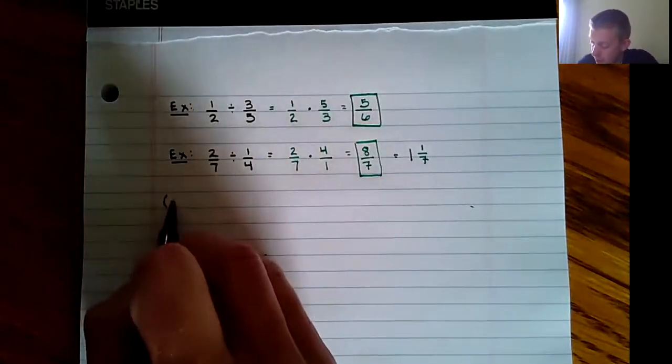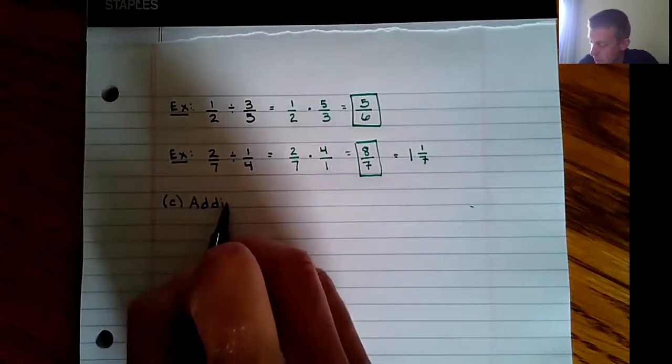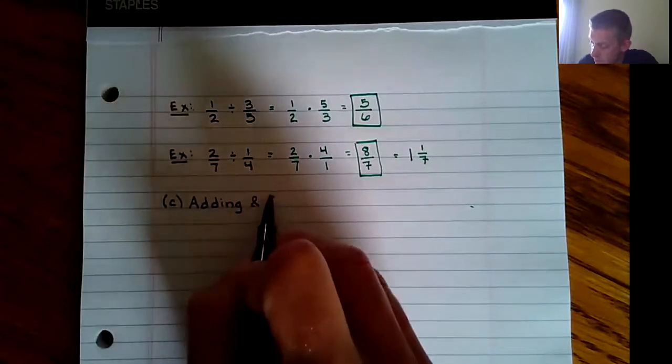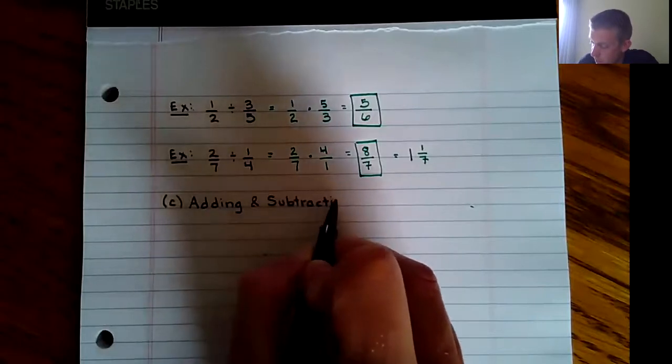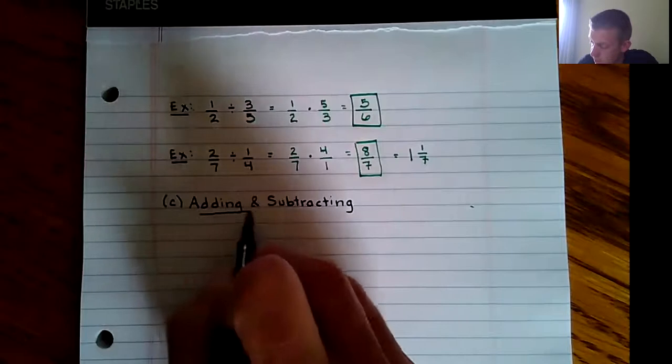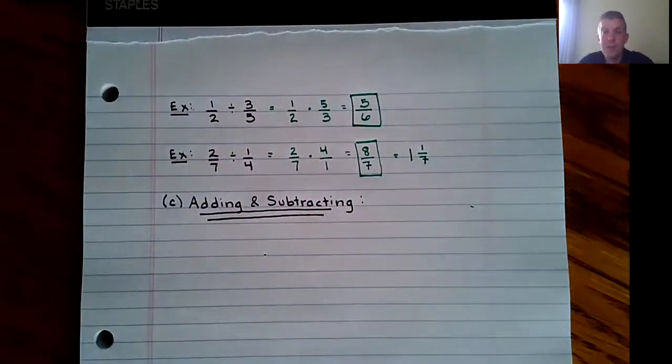So the last big step is adding and subtracting. And these are the ones that usually give people the most trouble because, for one reason, it's not like multiplication and division. There's an extra step you have to do. And anyone remember what that extra step is? What does adding and subtracting need that multiplying and dividing doesn't with fractions?